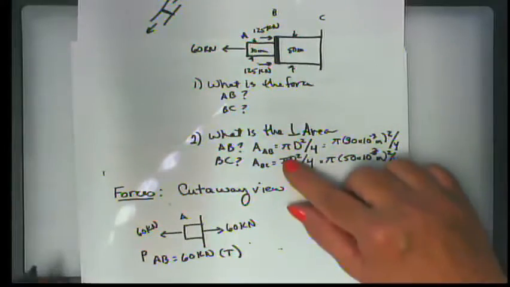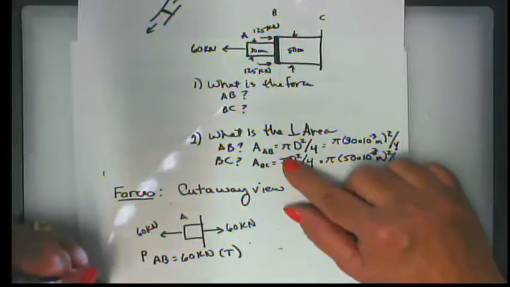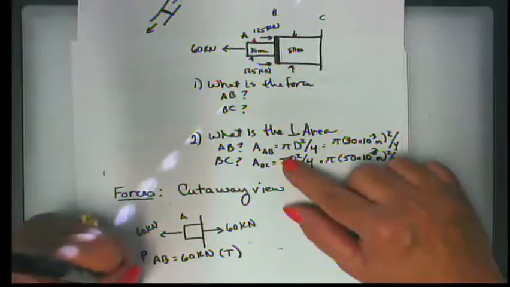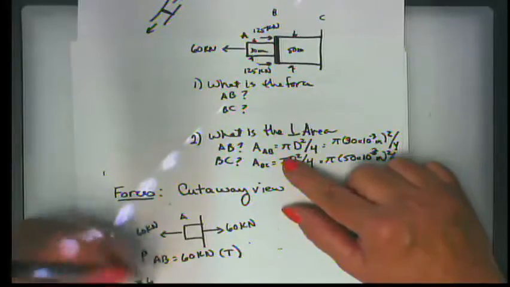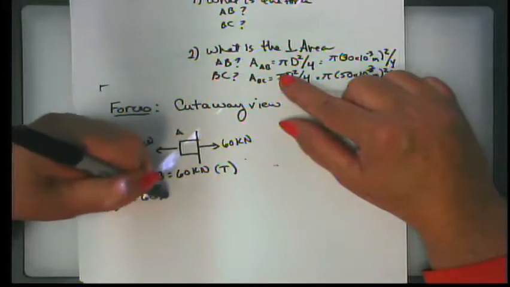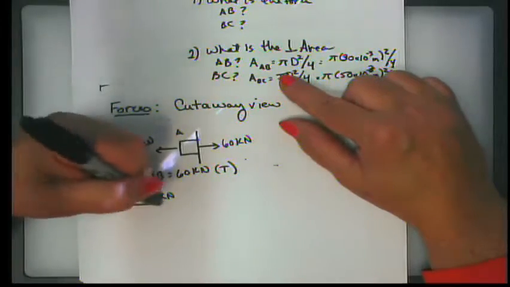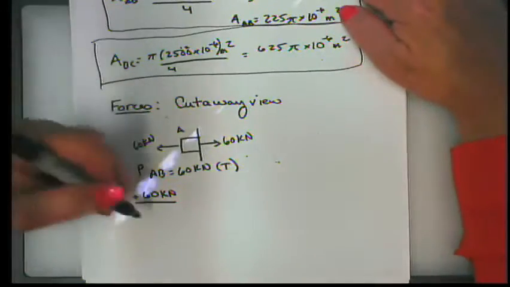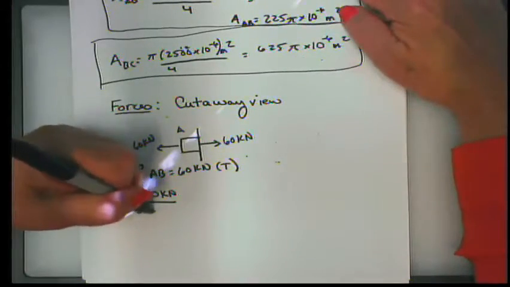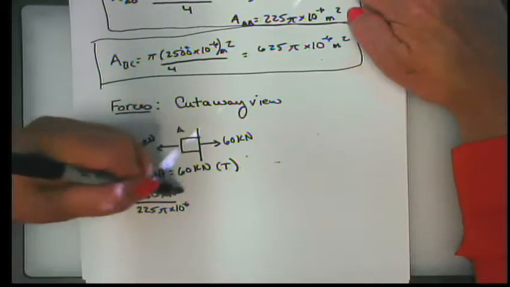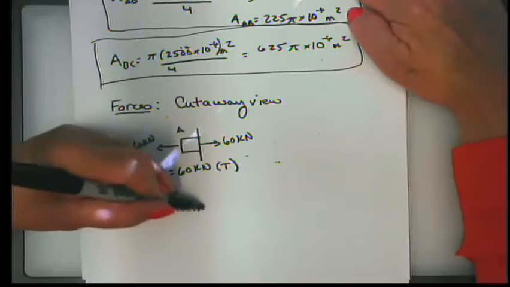So when we look at AB then, we can do the sigma in AB is equal to, tension is positive. 60 kilonewtons, positive because it's tension, divided by the cross-sectional area, which I found to be 225 pi times 10 to the minus 6th meters squared.